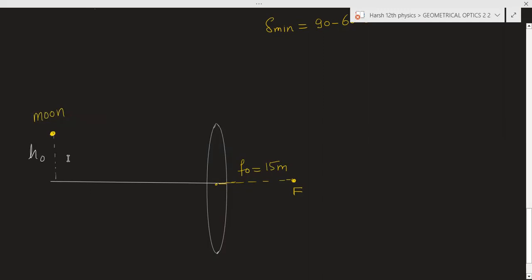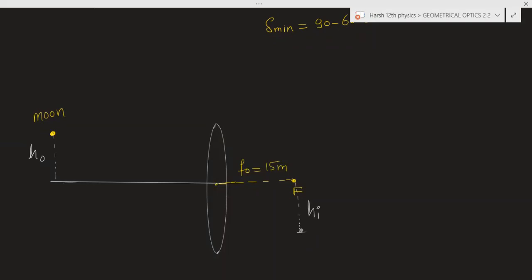Now for this object, the image will be an inverted image. In an astronomical telescope, the image is formed, and you are watching this from here. Suppose from here you are watching, and the image of this is forming here. So this height will be the height of the image of the moon.